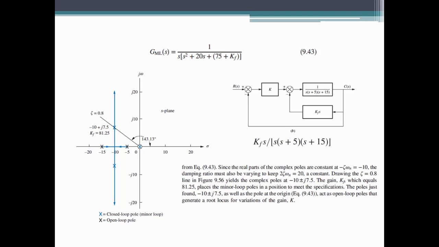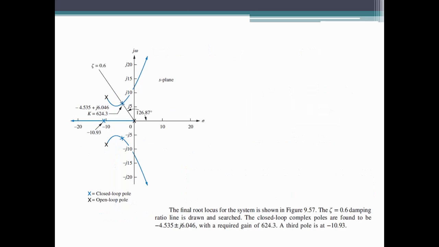We'll place the minor loop poles in a position to meet the specifications. The complex poles we found, at negative 10, as well as the pole found at the origin, will act as open loop poles that generate a root locus for variations of the gain K. So those poles that we have found in our minor loop will serve as the open loop poles in our closed loop system. Here we have our root locus for the closed loop system, shown on the left.